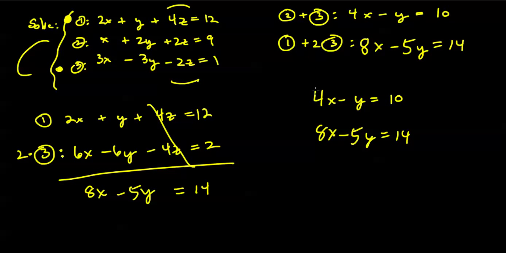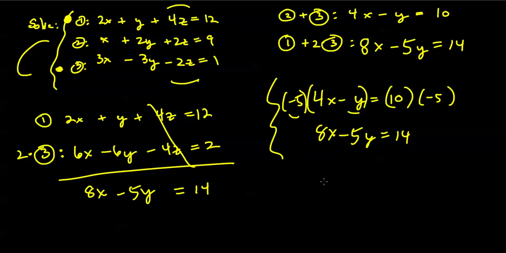I suppose there's a number of things you can do here. I'm going to take this first equation and multiply everything through by negative 5, because when I multiply minus 5y times minus y, I'll get a plus 5y, and then I can eliminate the y variable. So I'll take that 2 by 2 system and multiply the top equation through by minus 5. I'll get minus 20x plus 5y equals negative 50.